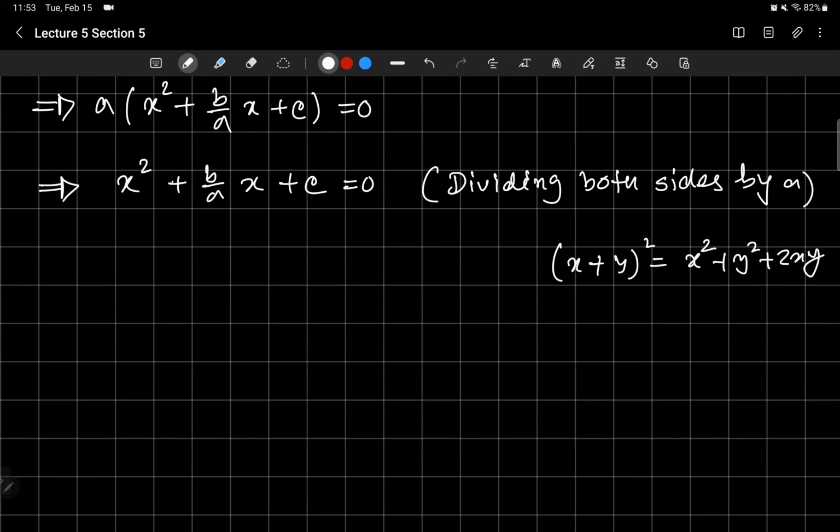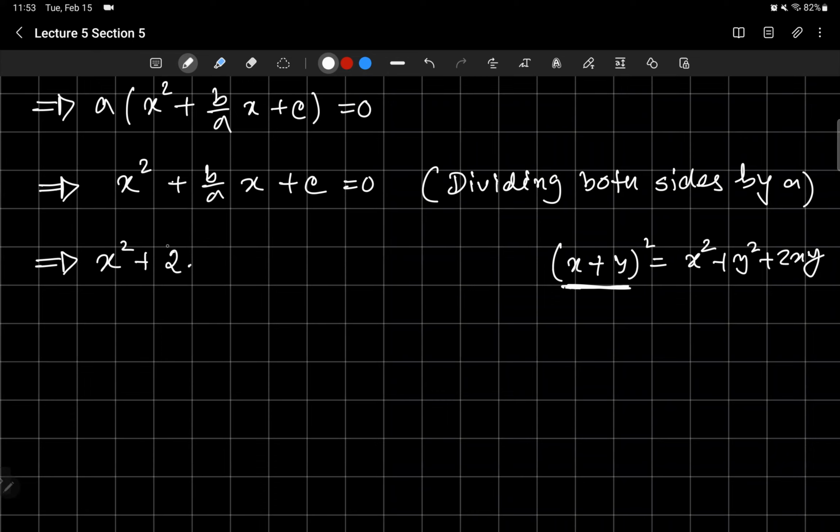So what we're trying to do, we are trying to generate something like this: x plus y whole square, or a plus b whole square, whatever you want to call it, from this guy. So what I want to do right now is that I want to write this b by a as follows. I want to write a 2.